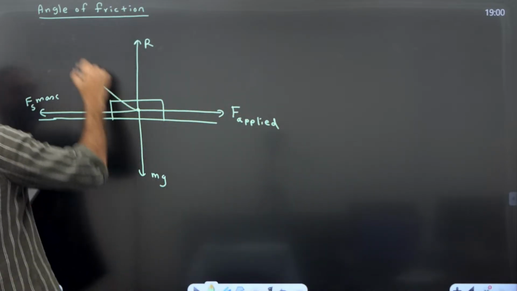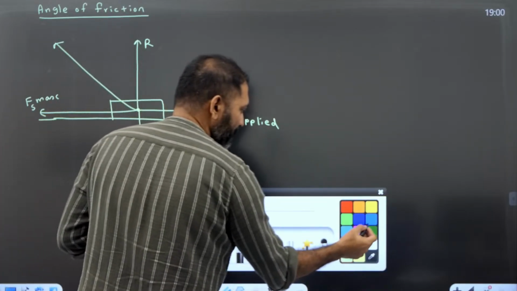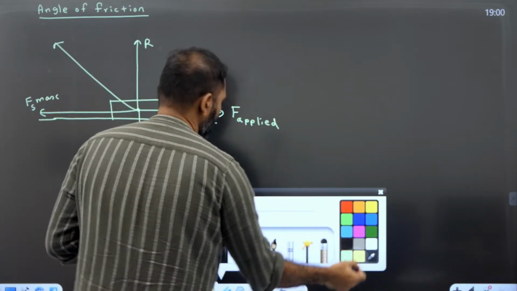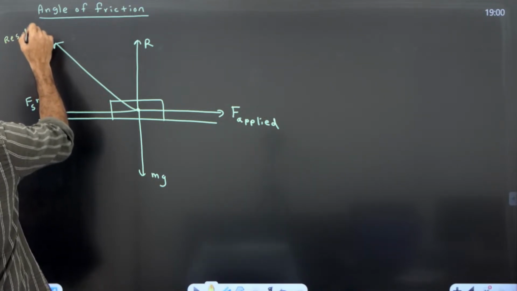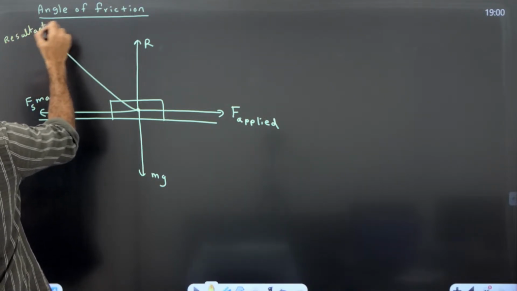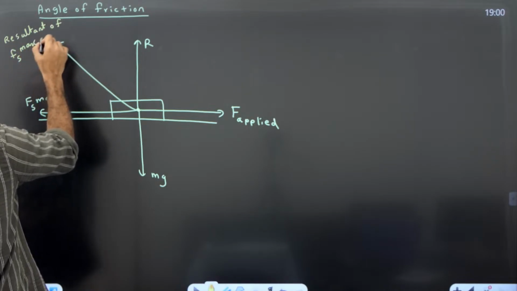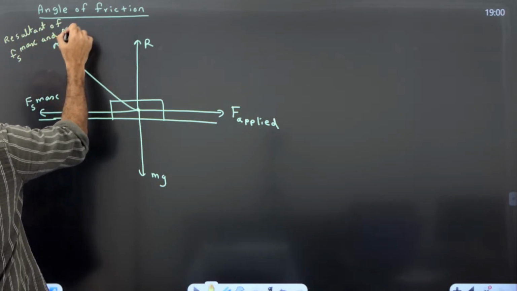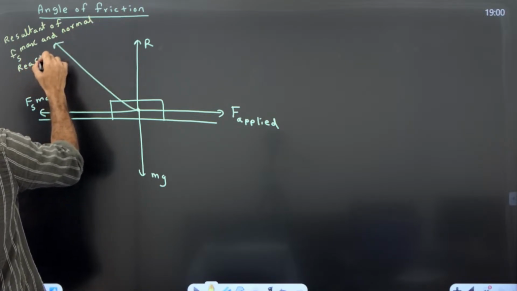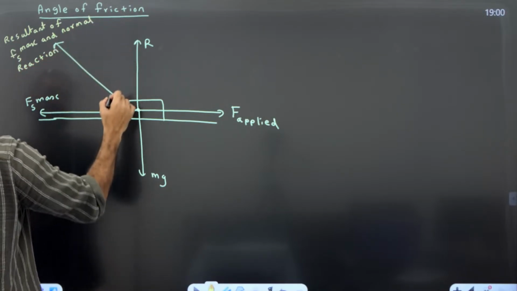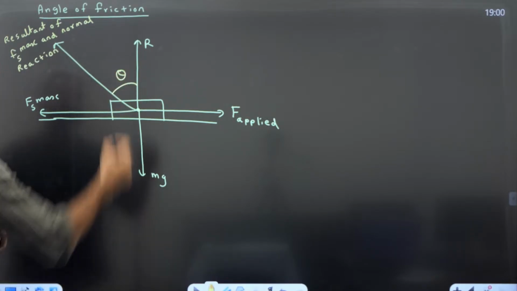Now what will this diagonal be? This diagonal will be the resultant of Fs max and normal reaction. This R is the normal reaction, and this angle is the angle of friction.